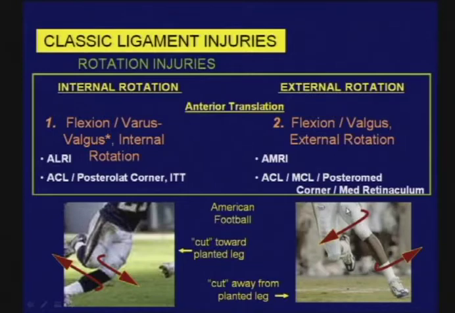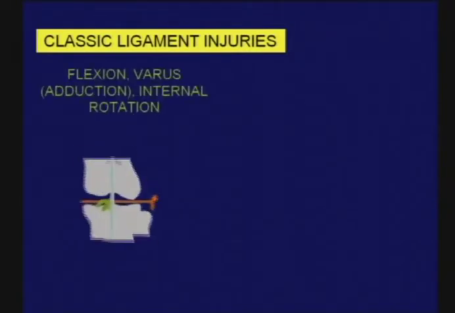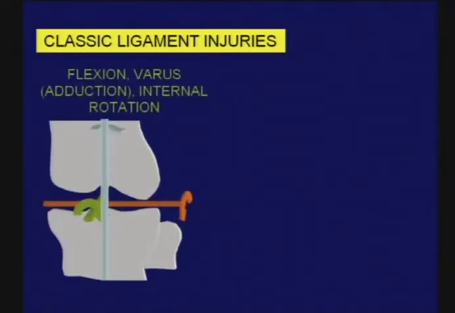If you take an American football player who plants the leg and then rotates away from that leg, the movement will be external rotation. So both of these rotational patterns are seen in many sports, including American football. Flexion varus and internal rotation, movement along these three axes as shown.